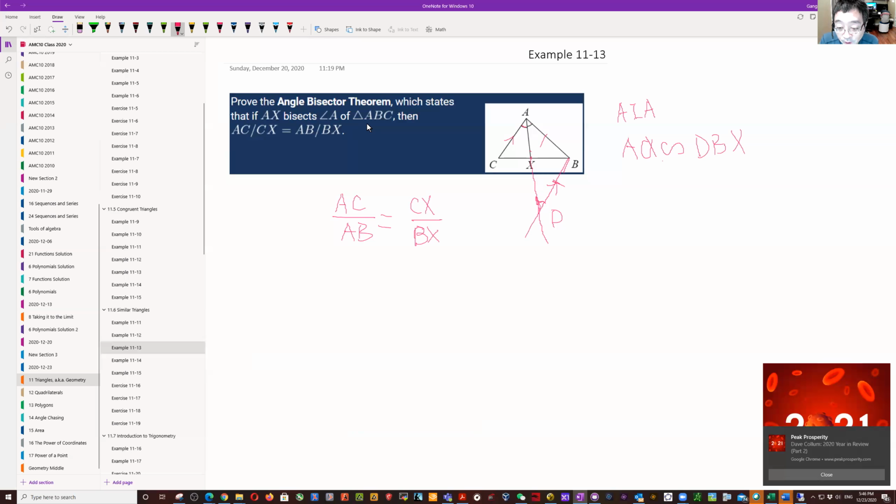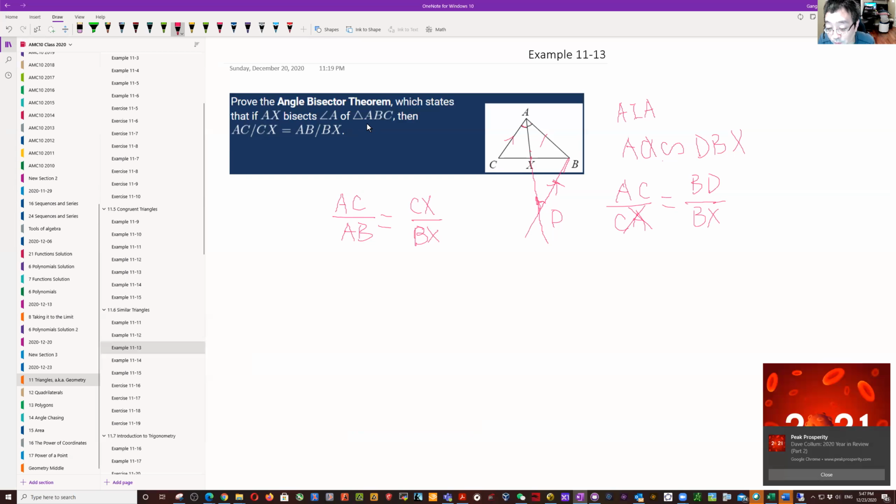Because they are similar, I have AC over BD, because those are parallel lines, they correspond to each other, equals CX over BX.